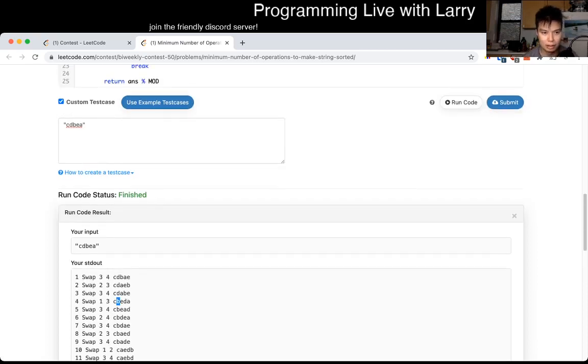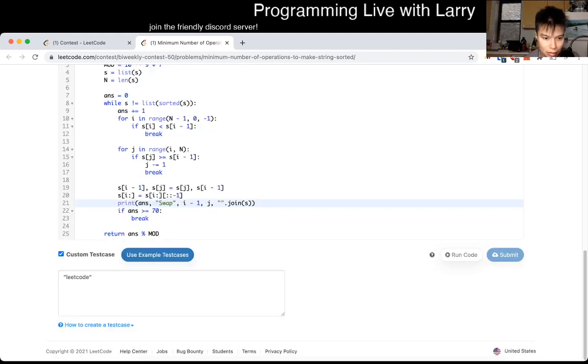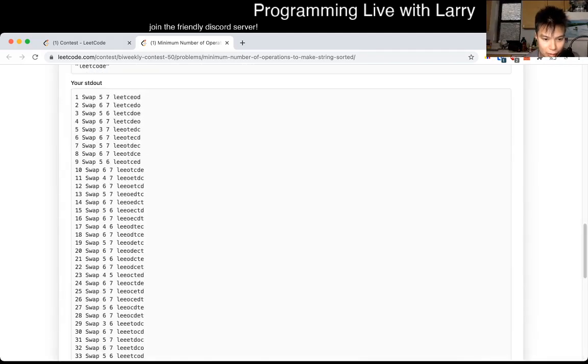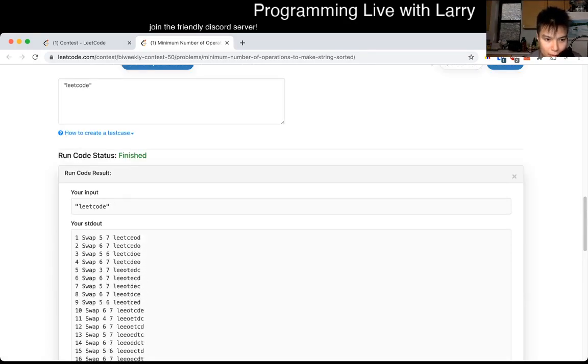I think I get the idea, but I don't know what the answer of this is, of course. But okay, so now we find O and D, and then now we sort these. Which is already done, so we move this to E, and then we move this to a D.